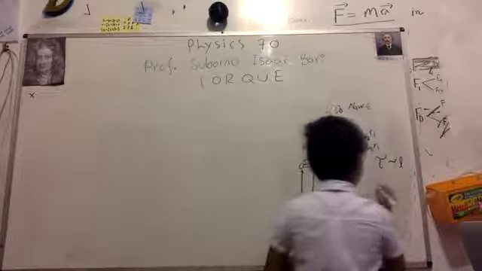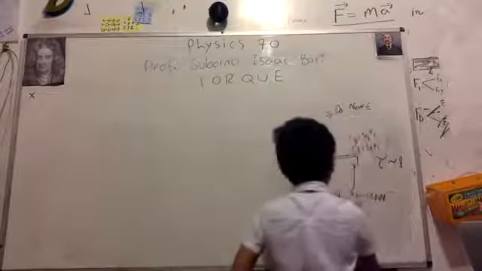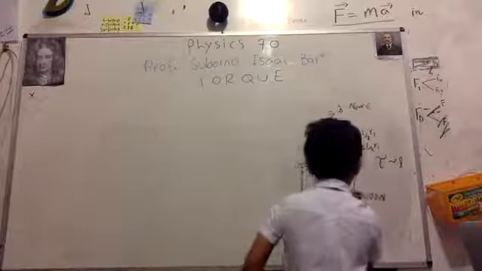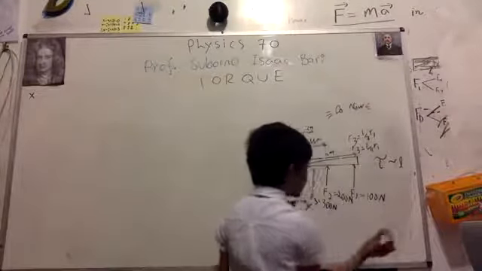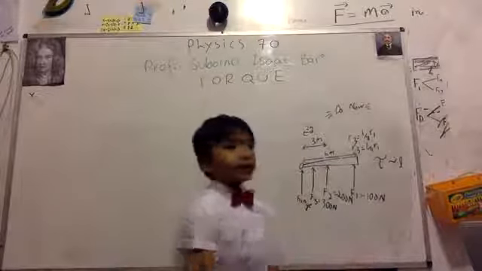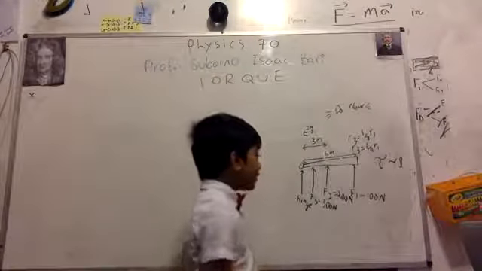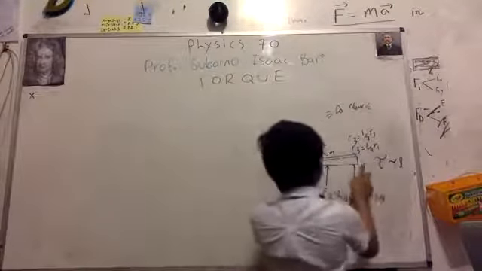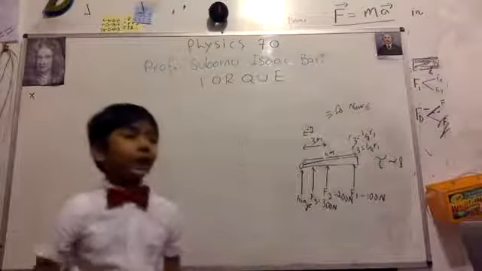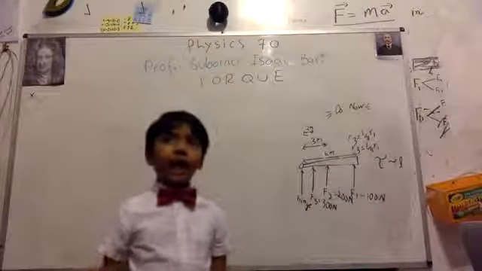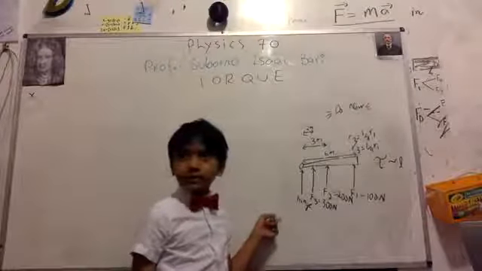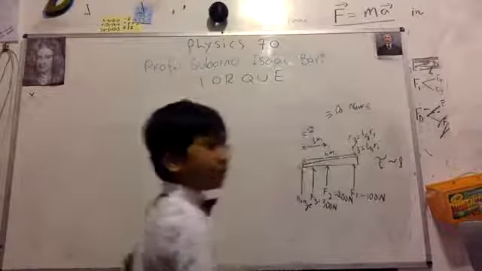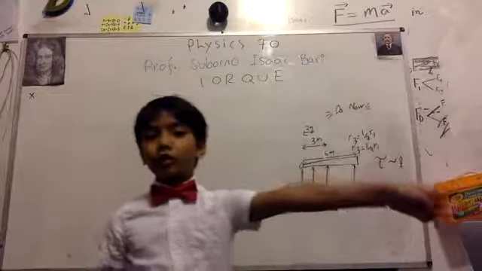So even if you increase the force, the torque is the same? Yes. It also depends on the distance of the force relative to the axis of rotation, in this case, the hinge. That's right. Okay, Professor. This man does not know how a lever works.